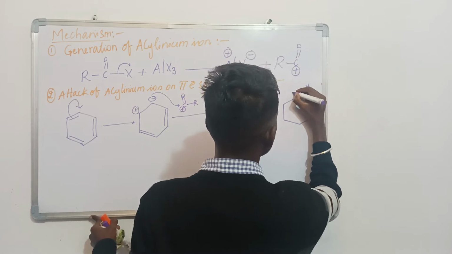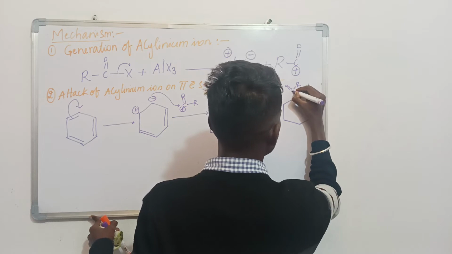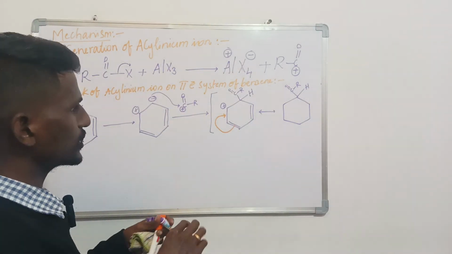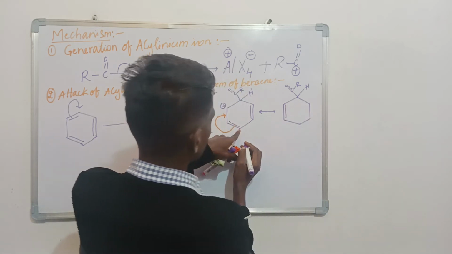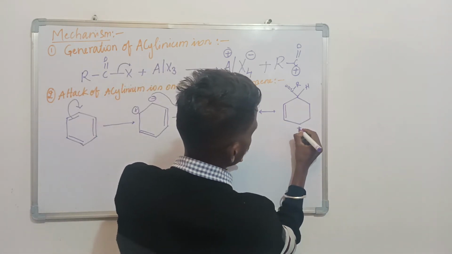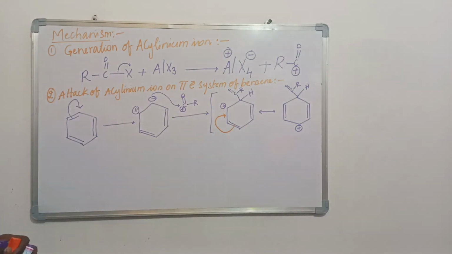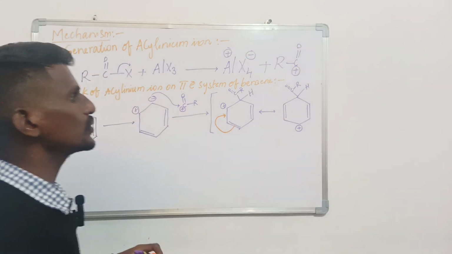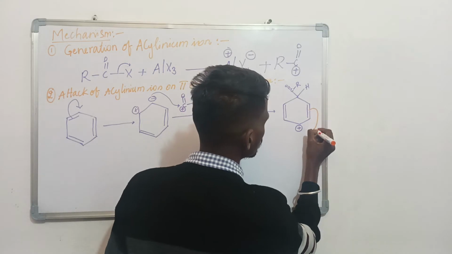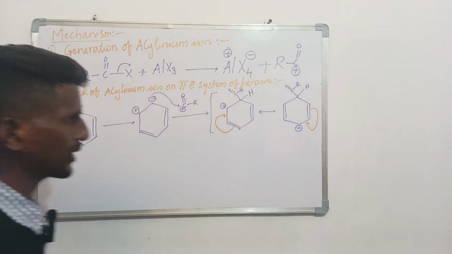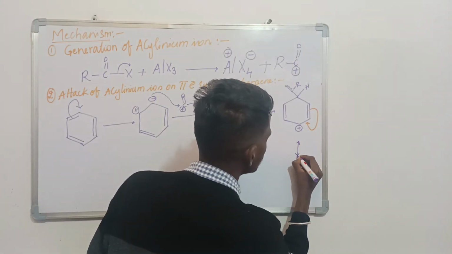H will be present here, C double bond O and R will be present here, and this bond shifts, so the positive charge will be shifted to here and the double bond system will be present here. Then again, to neutralize this positive charge, the electrons are shifted towards this single bonded carbon atom.